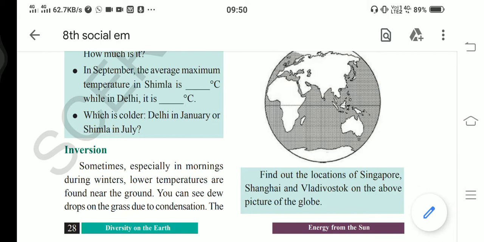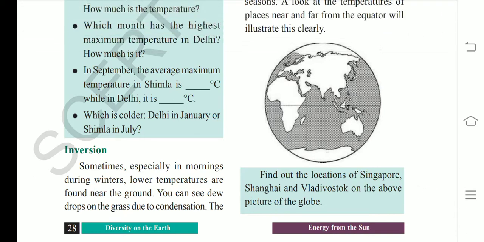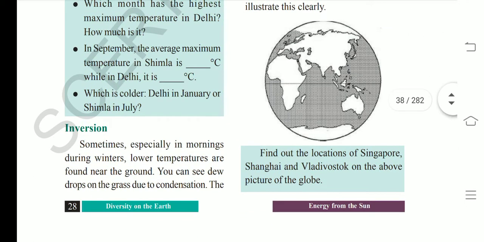Dear students, here we will take the example of Singapore, Shanghai, and Vladivostok to understand that the temperature is high at the equator and low far from the equator.